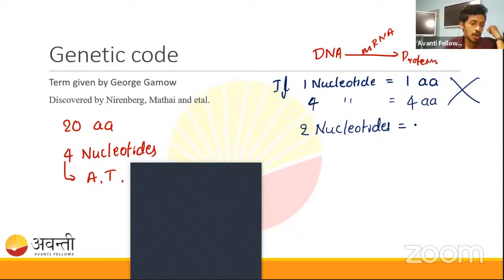Think about this probability. Yes, two nucleotides form a bunch, like AT, TA, GC, CG, AG, AC. It's forming like a bunch, you can say.